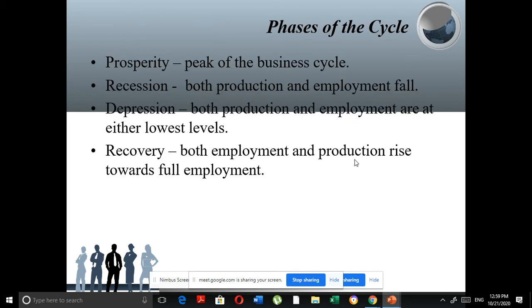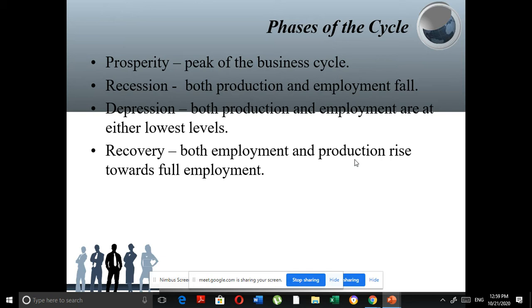Then I think everybody heard about phases of the cycle. Prosperity is the peak of the business cycle, or you can say the maximum point of the business cycle.